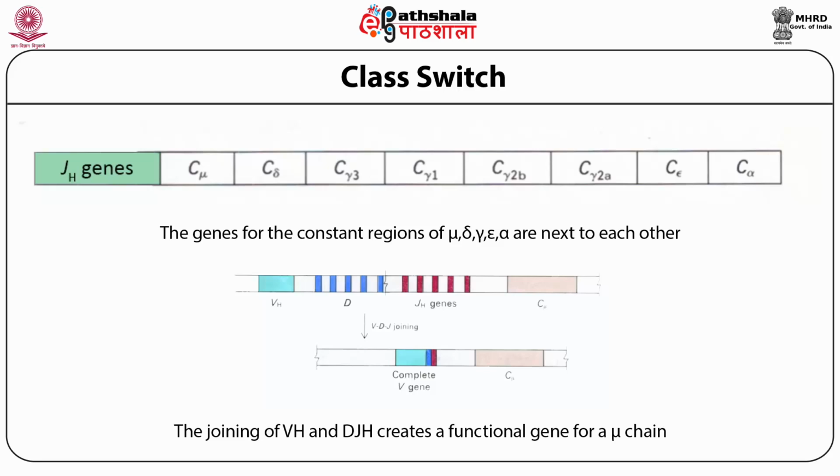It is understandable that in class switching, the L chain gene is not involved because all these different classes differ only in the heavy chain.